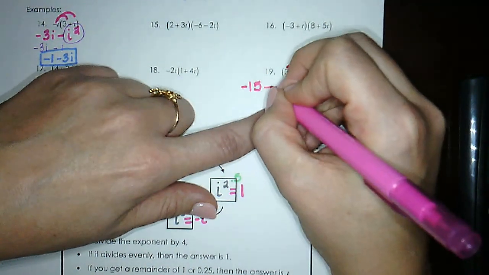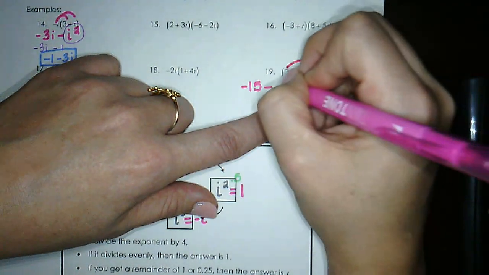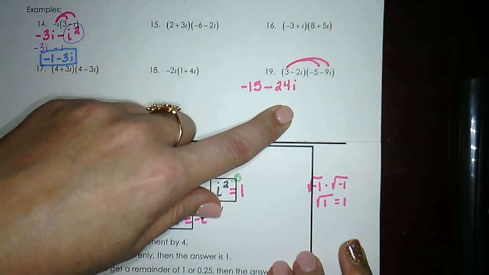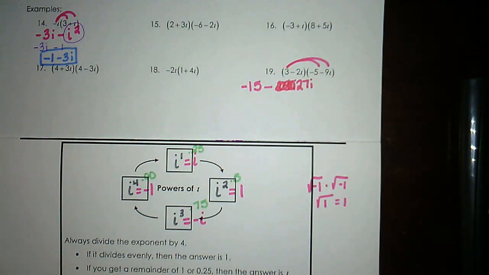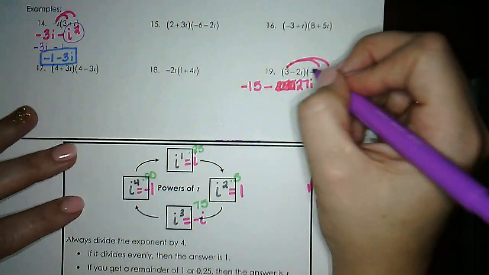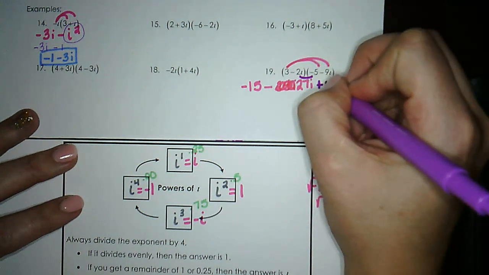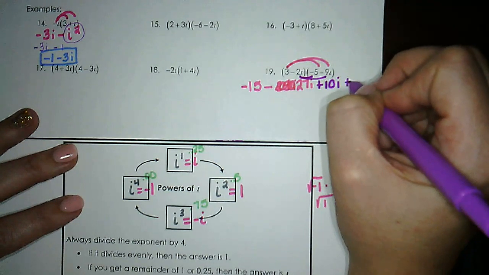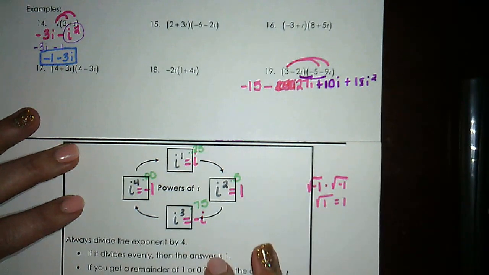Positive and a negative makes it a negative. 3 times 9 is 27i. Then we do our -2i. Negative and a negative makes it a positive 10i. Negative and a negative makes it a positive 9 times 2 is 18i squared.